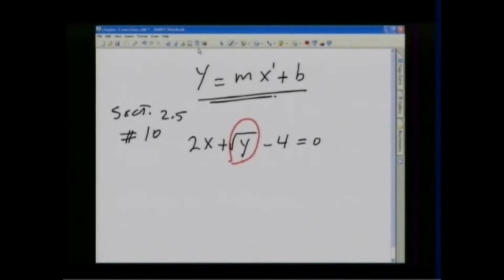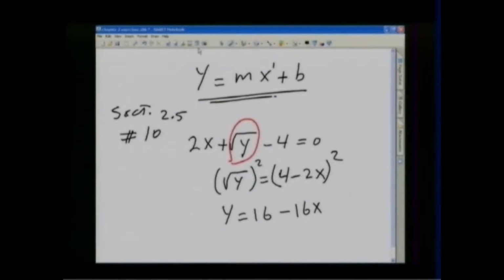In other words, you can write it as the square root of y equal to 4 minus 2x, and then if you square everything on both sides, you would have y equal to 16 minus 16x plus 4x squared. So you can see this is not a linear function, this is actually a quadratic function.